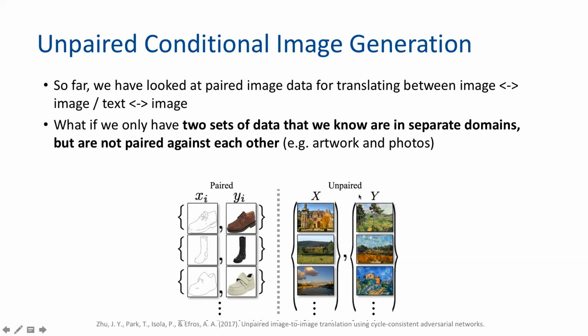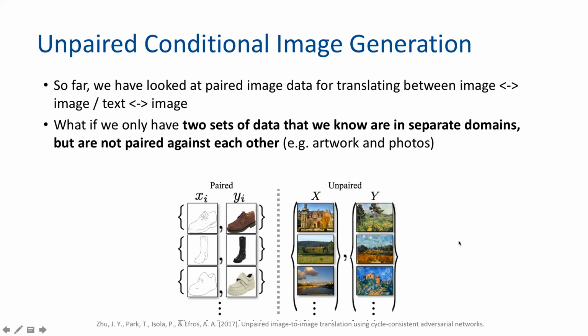Actually, sorry, that's shown here as being paired, but you could have them not paired. You could have various paintings and various natural scenes, and somehow you'd like to use one of the natural images to produce a corresponding synthetic image, but there's no alignment.